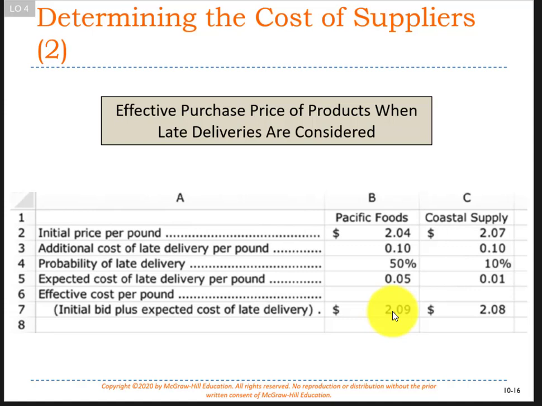Okay? Another way to look at suppliers is if this was late, well, we still get it. What if they deliver things that are not of high enough quality? So, for instance, if one supplier sends you 100 pounds of stuff and 90% of it is good, then you take the cost of the 100 and divide it by the 90 to get your actual cost per pound, right?